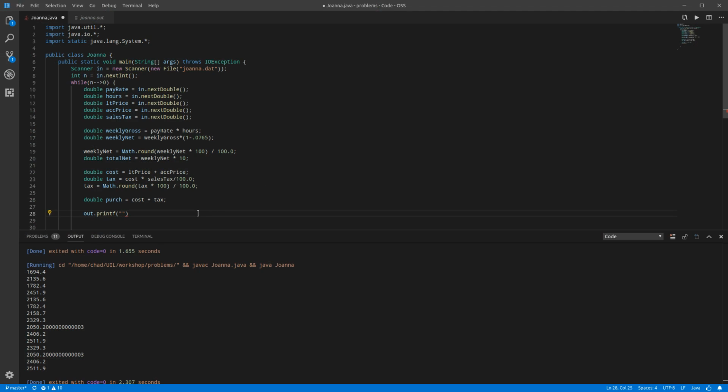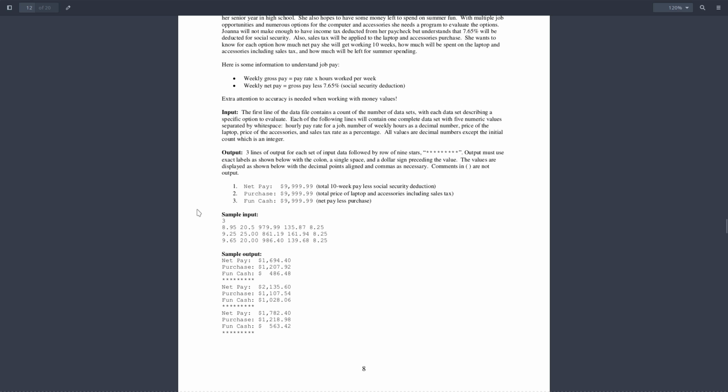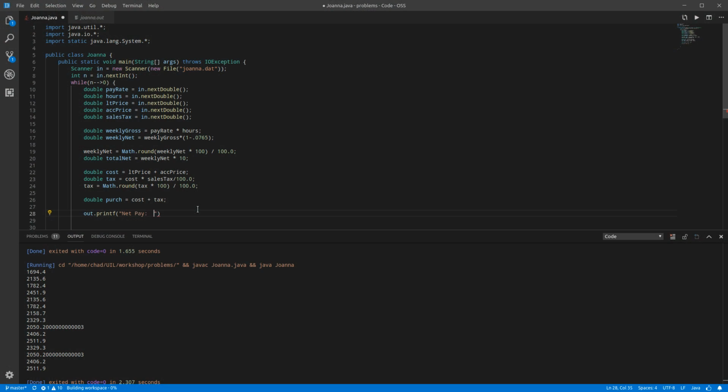What we want, net pay. Okay, a couple of spaces, a dollar sign, and then we're going to want the percent %F. We want 9 spaces. We want commas. We want 2 decimal points.